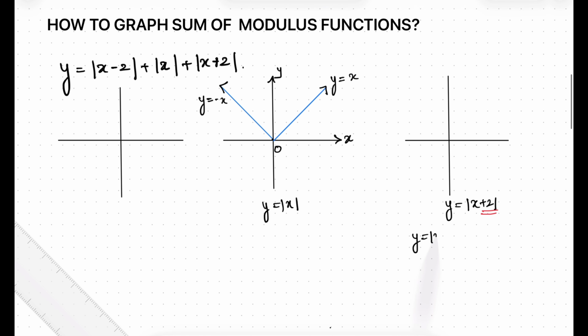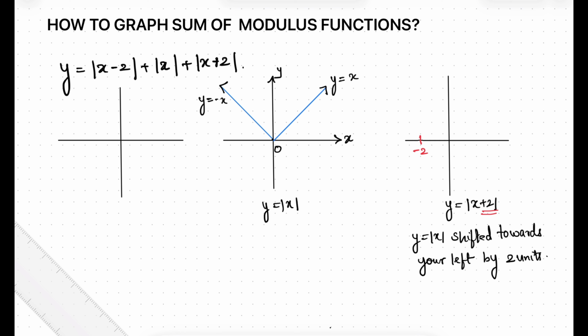It is simply your y is equal to modulus x graph, but shifted towards your left by 2 units. Alright. So if I shift this graph over 2 units, I'll have my x-intercept at minus 2, and then you can draw your V-shaped graph over there just like that.